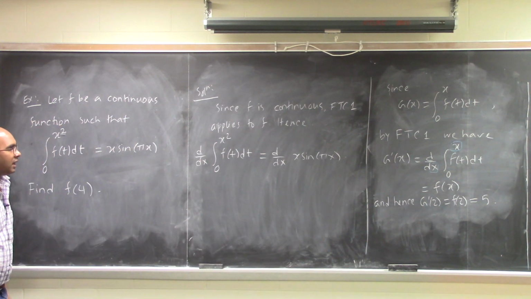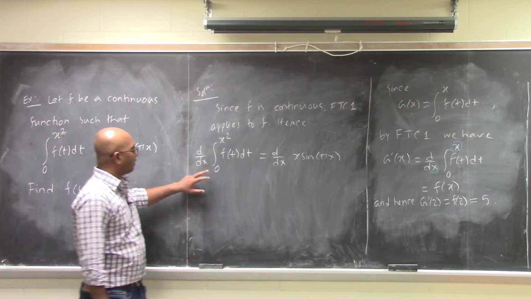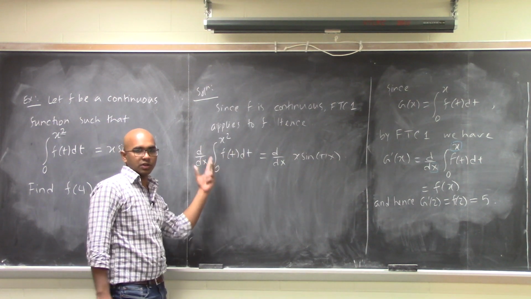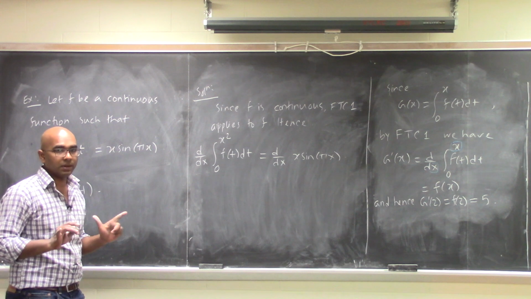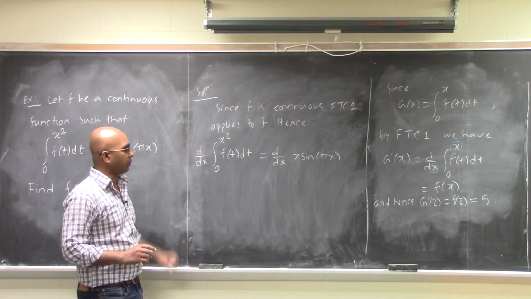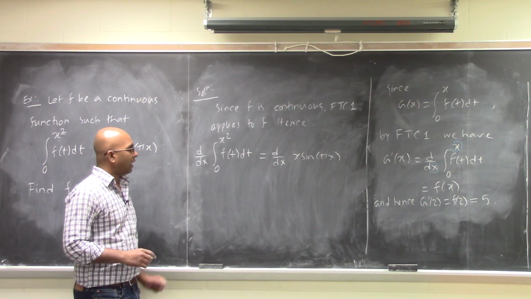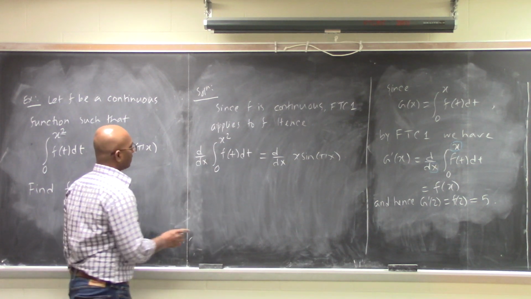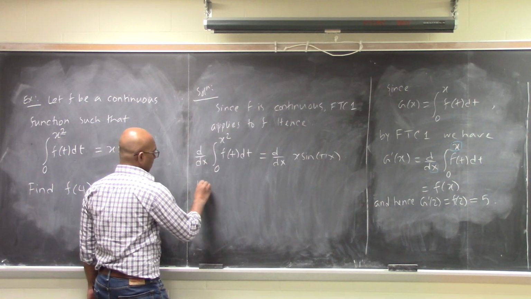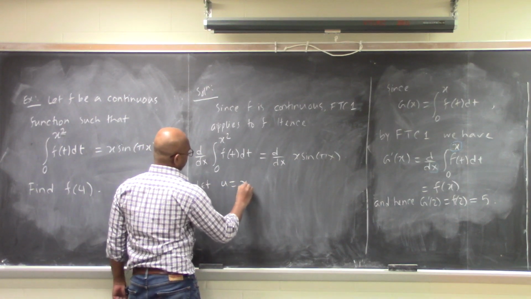Now, what is the derivative of this integration of f from 0 to x squared? Notice you cannot apply FTC1 directly at this moment. I would like to do that straightforwardly, but I want to break it down. So now let u equal x squared.